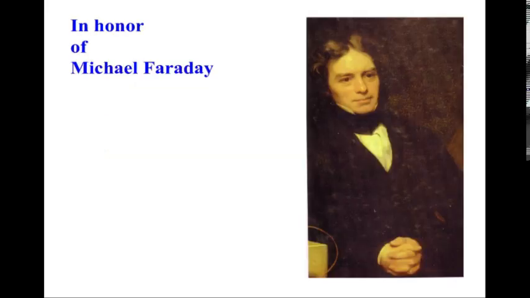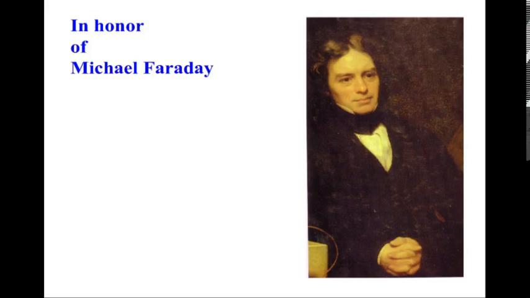Okay. And indeed, many years ago, I decided to create a dish in honor of Michael Faraday. Michael Faraday on the right is probably the best experimentalist of all times for science. He was a wonderful man living in the 19th century in England.